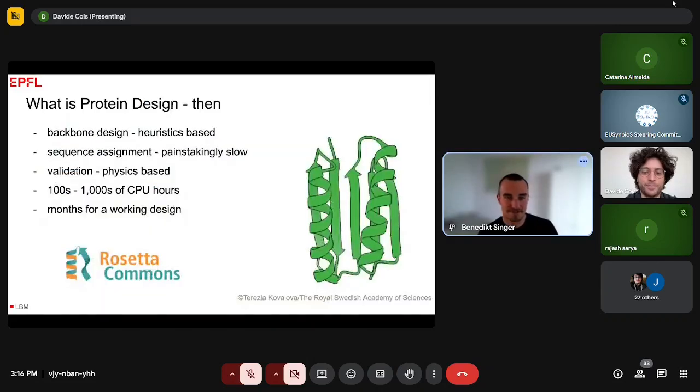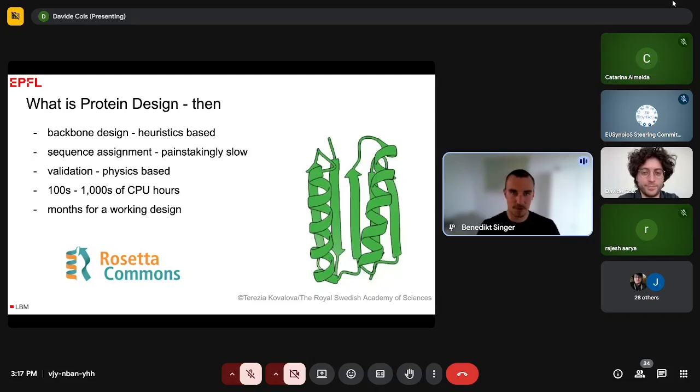Next slide, please. I just want to give a brief overview of what protein design is, what it has been, and what it is now. Most of the figures I took here are from when the Nobel Prize was awarded in 2024, just a short overview for you to get on the same page.